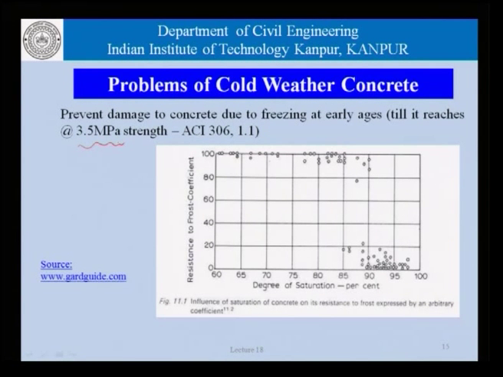If this data is to be examined, we will find that the resistance to frost, as far as the degree of saturation is concerned, anything beyond 90% of saturation is highly detrimental. The resistance to frost is very, very small, whereas if the saturations are lower than this level of about say 90%, we have a reasonable resistance to frost.